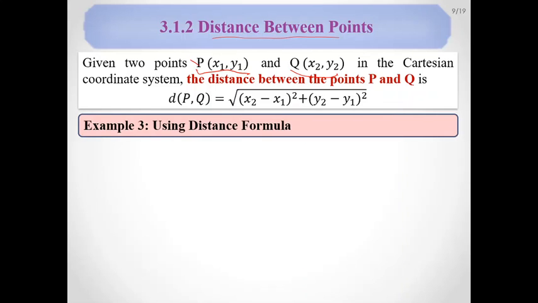The idea comes from here. For example, assume x1, y1 is here, and x2, y2 is somewhere here.